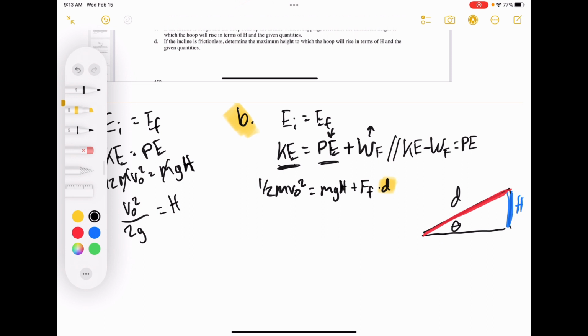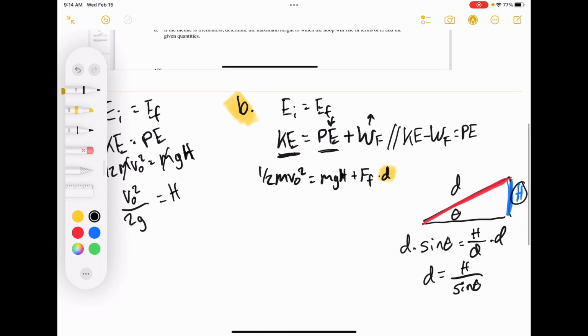And then I know that this would be sine, right? So sine theta, because this is the opposite side, is equal to capital H over d. Now this time I want to solve for d, so I'll multiply both sides by d, and then I'll divide both sides by sine theta. So I have d equals h divided by sine theta. And so I'll plug that in for d, because I don't get to use d in my answer. Okay, so then I go ahead and go to my next step.